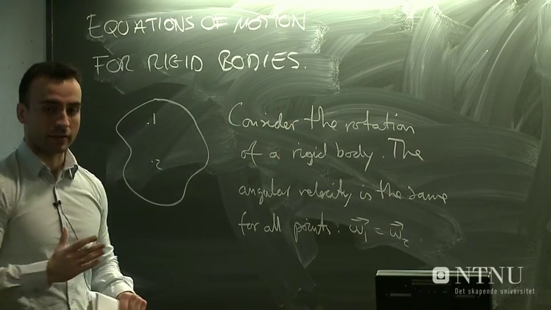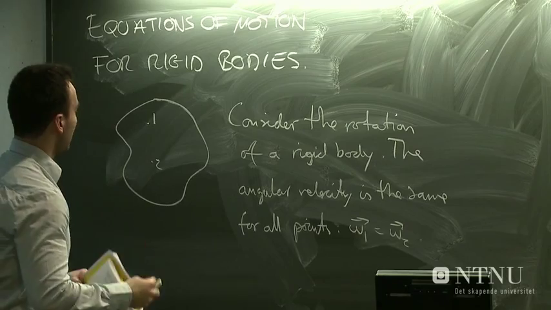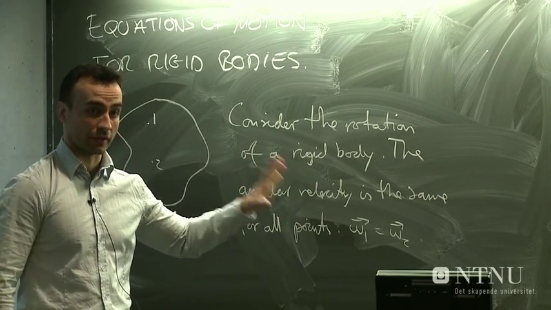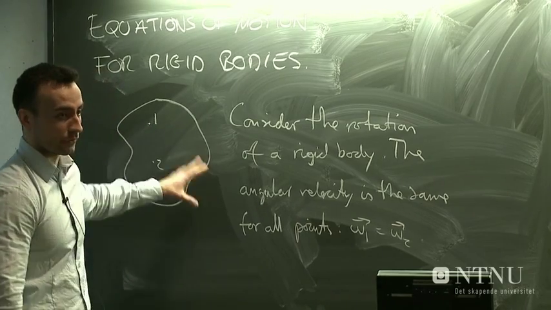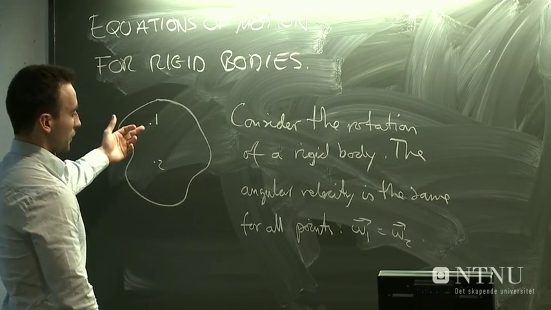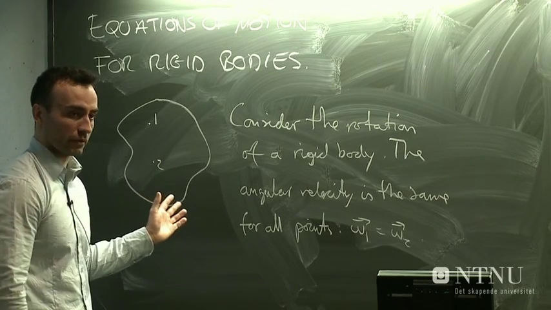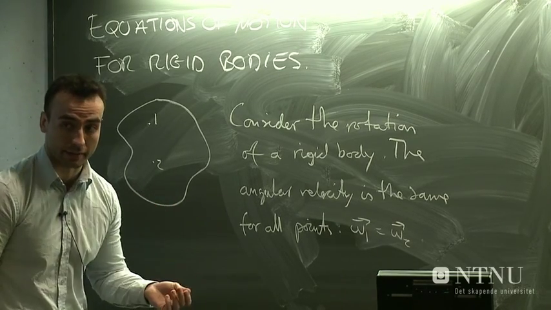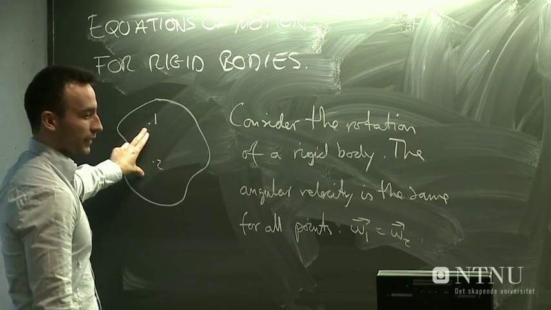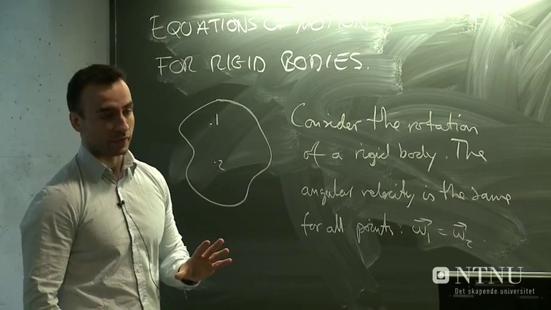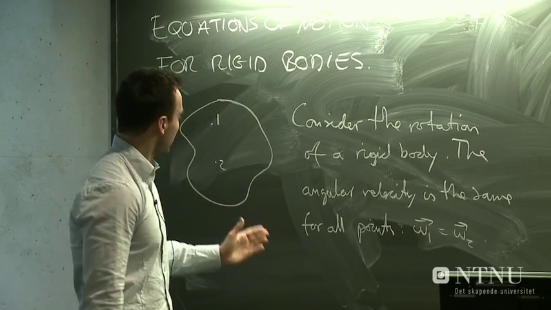And this may seem as a trivial observation, but it's important because this will feature prominently in the derivations that we will consider next. So if you have a rigid body of some arbitrary shape and you consider 2 points, 1 and 2, then the angular velocity of these particles has to be the same if it's a rigid body. Because you can consider the effect it would have if these points had different angular velocities.